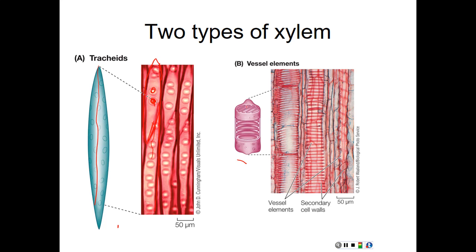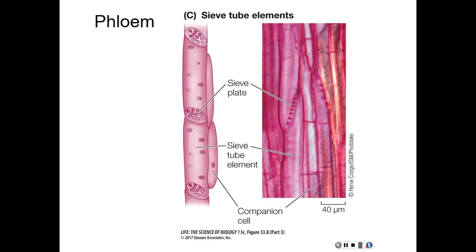They also have pits, but they also have these really large end-to-end pits where we can get a lot of water flow from one cell to the next. So we see these in flowering plants. There are some angiosperms that also contain tracheids in addition to their vessel elements, but the vessel elements are unique to the angiosperms. We don't see the gymnosperms with vessel elements. All right, let's talk phloem.